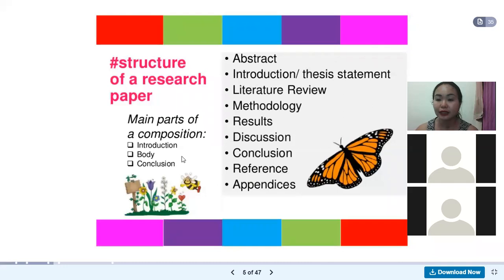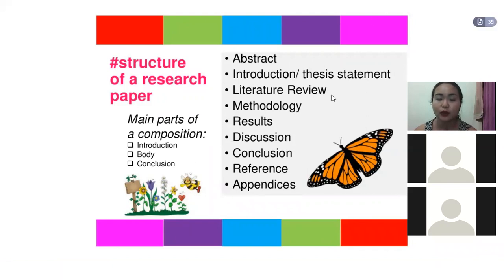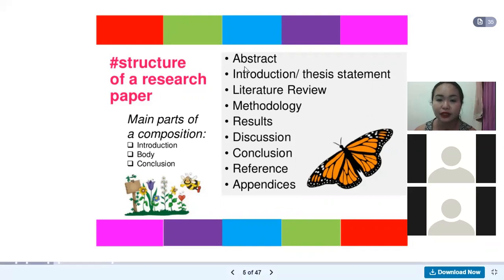But technically, it would contain any of the following, depending on the type of research paper. Now we have abstract, introduction or thesis statement, literature review, methods, result, discussion, conclusion, and very importantly, we are going to learn the different parts.